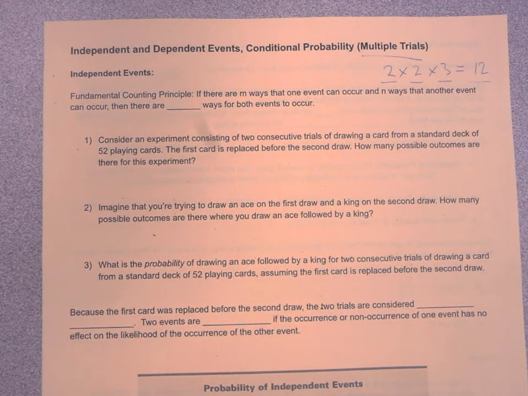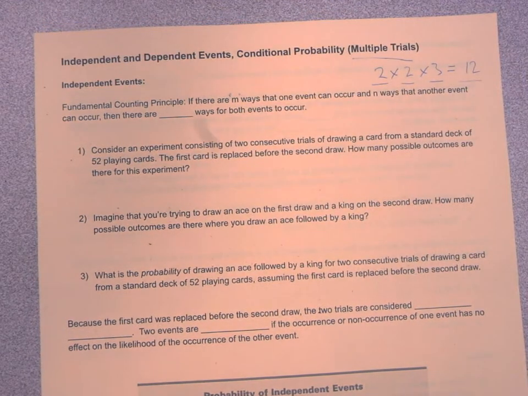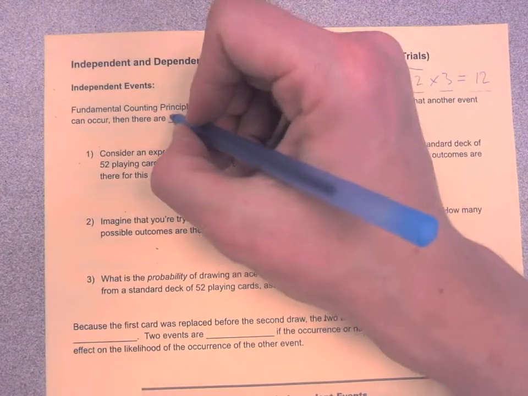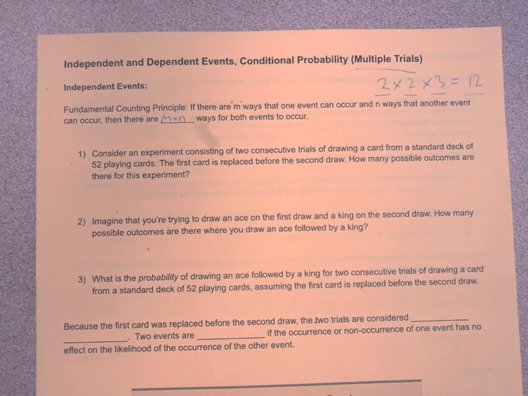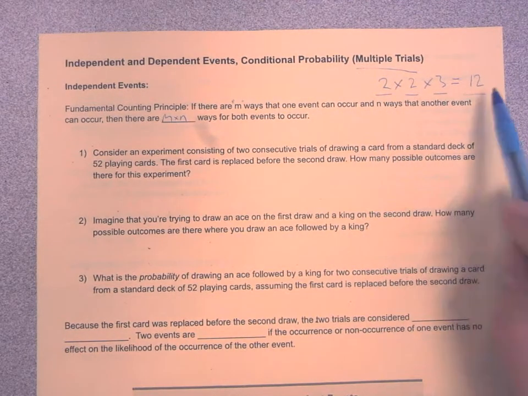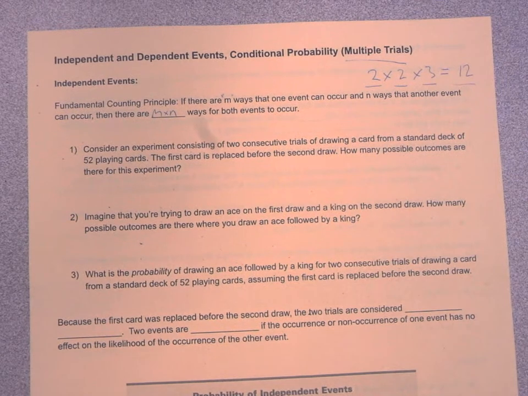If there are m ways that one event can occur and n ways that another event can occur, then there are m times n ways for both to occur. In other words, you multiply the different options for each event to get the total number of options for all of the events, like we did in the barbecue problem.